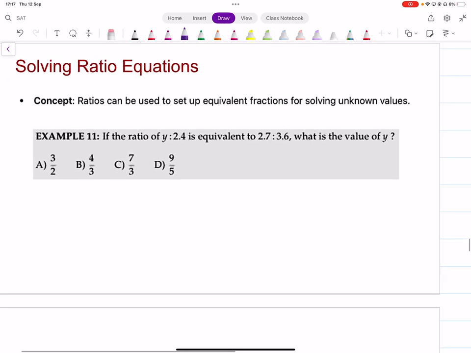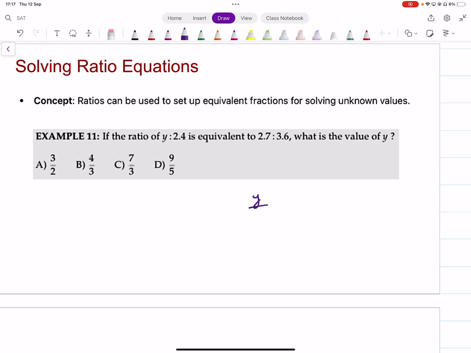Sometimes you can set up equations using ratios as well. For instance, if you have this ratio, y ratio 2.4, and they're saying that's equivalent to 2.7 ratio 3.6, what's the value of y? How do you figure this out? Remember, ratios can be written as fractions as well. So we can make an equation like this.